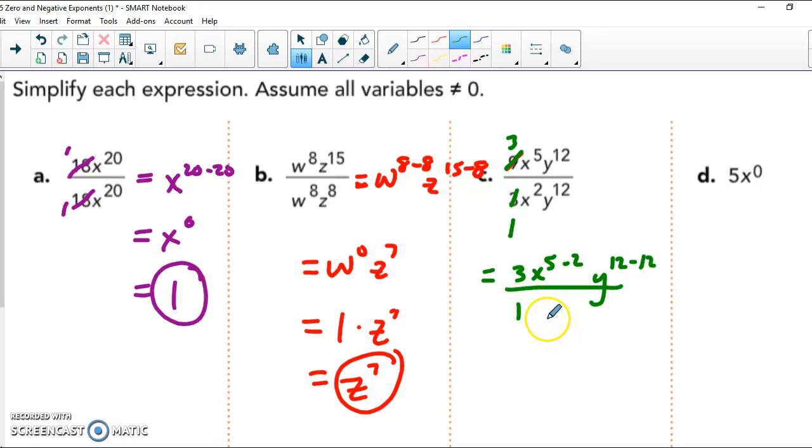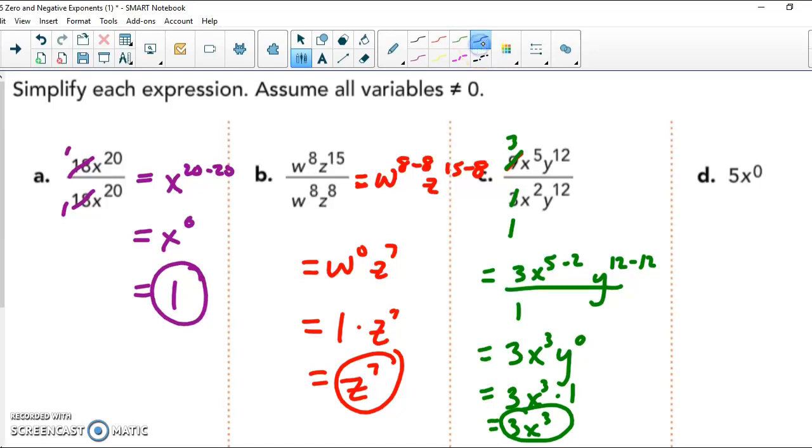So nothing's left in my denominator except the 1. So I'm going to keep my 3 in the numerator, and x to the 5 minus 2 becomes x cubed. Y to the 12 minus 12 becomes y to the 0. And I know that anything raised to the 0 power is 1, so I can simply write this as 3x cubed.